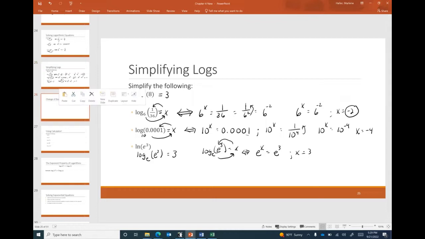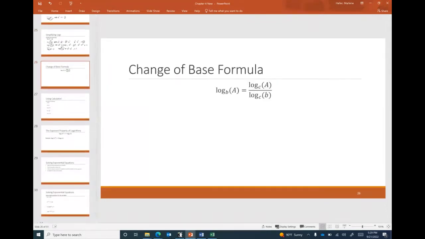All right, now sometimes we have a logarithmic expression that we need to evaluate or simplify quickly, and it's not a base 10 or base e that our calculator can do for us very fast, right? So sometimes we need to use this change of base formula. The change of base formula just says log base b of a is going to be equal to log base c of a over log base c of b.